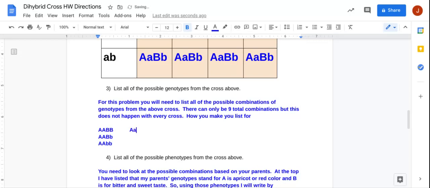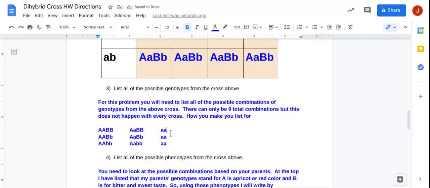Now I'm going to go to my heterozygotes for 3 times. And using the same thing, it could go with a homodominant, it can go with a heterozygote, or it can go with a homorecessive. And one more time here, we're going to have our homorecessive, so 2 little a's.